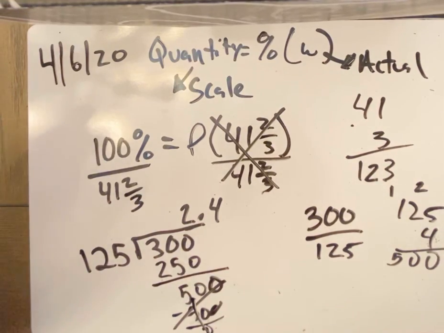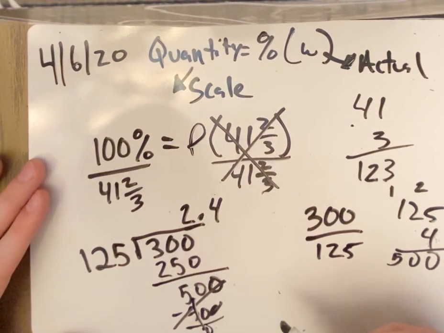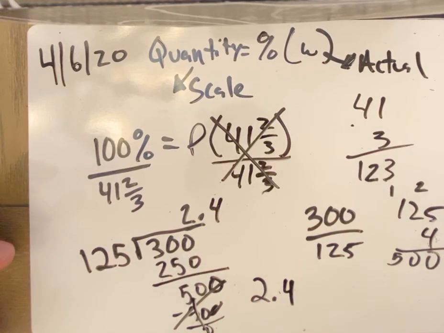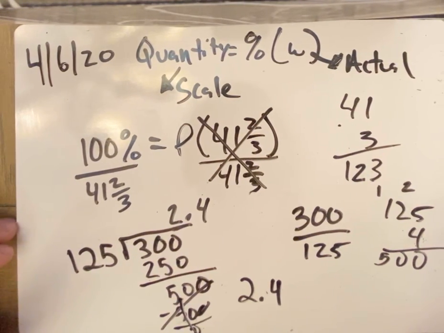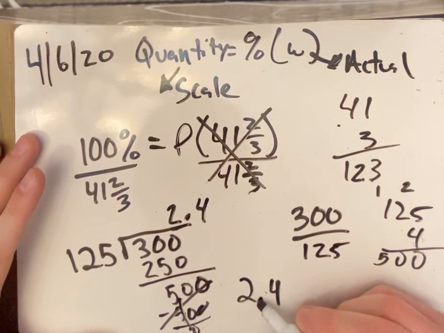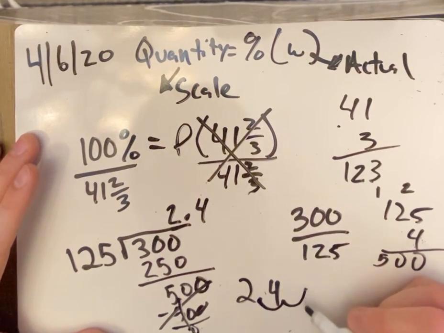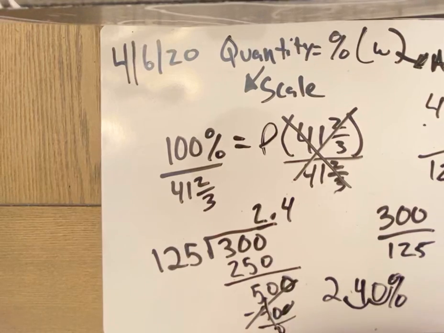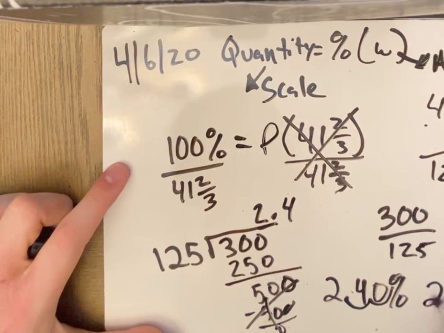Now, here's the thing. We have to make this into a percentage because we have scale factor. Since I have a decimal, I have to move my decimal which way? 2 times to the left to make a percent, or 2 times to the right? That's right, 2 times to the right. So I start here and go 1 and 2, fill in the 0. So 240%, that is your answer.